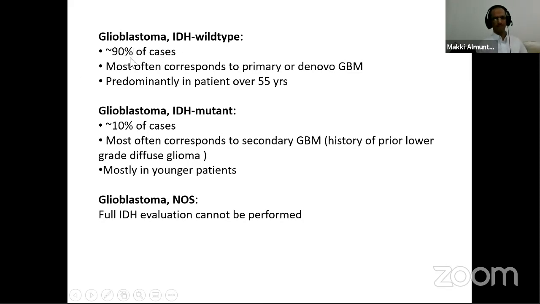It's about 90%. And it's seen in de novo GBM. And this explains why de novo GBM has poor outcome and why GBM in older patients has poor outcome, because most of them are wild type. While in young patients or secondary GBM, this is IDH mutant, which has a favorable outcome.